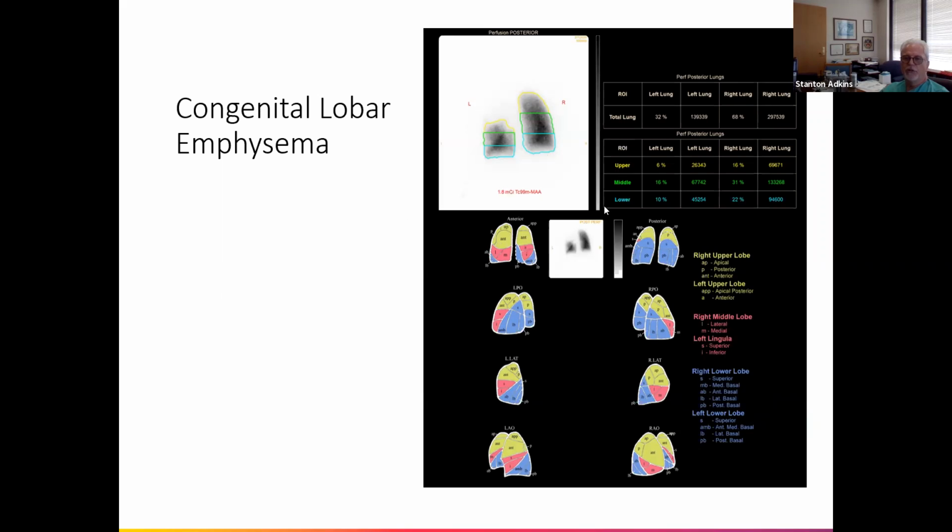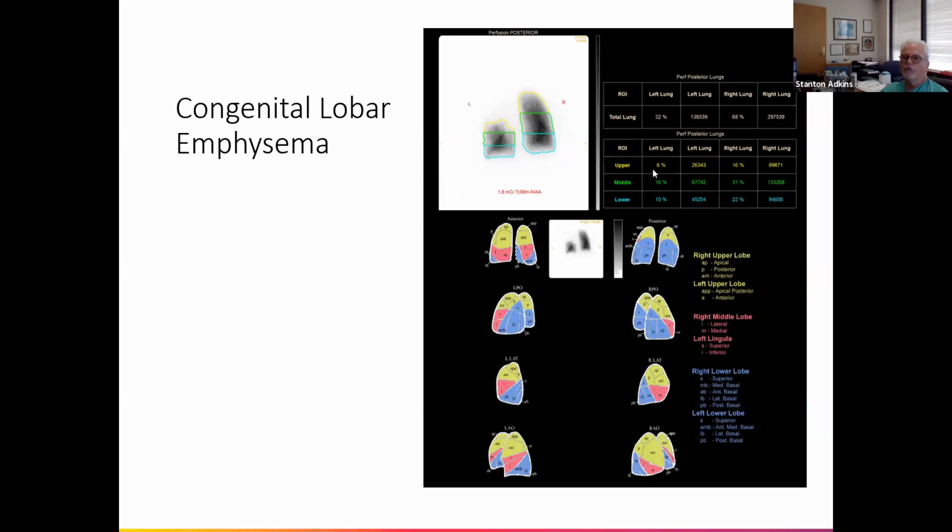Since this is the posterior view, we're looking at this column here. And you can see that the left upper lobe, this yellow portion, basically has no blood flow at all.